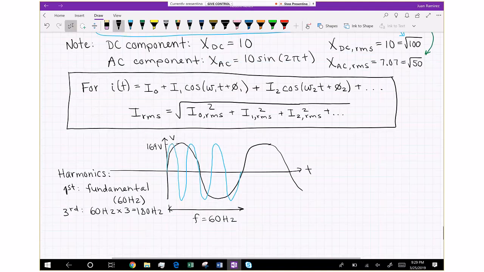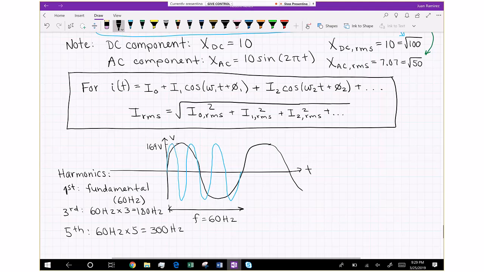And then you'll have a fifth harmonic, and so on. If you ever hear about the harmonic content of a voltage or a current, that's what it means. It means that you don't ever have a pure 60 hertz signal with no other harmonic content.